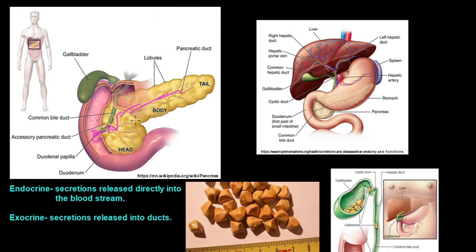So firstly, it secretes pancreatic juice with enzymes that play a role in digestion, that is directly released into the small intestine, and then it secretes insulin and glucagon that control the blood sugar levels. So that is the function of the pancreas.